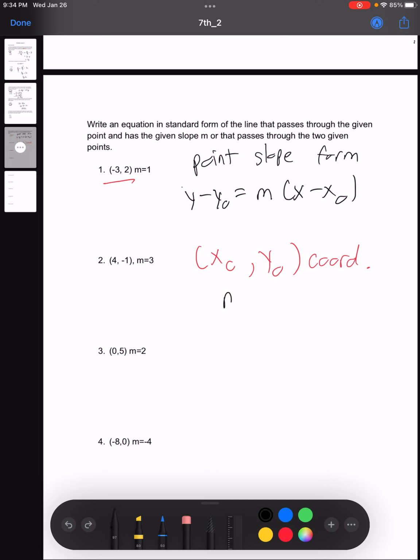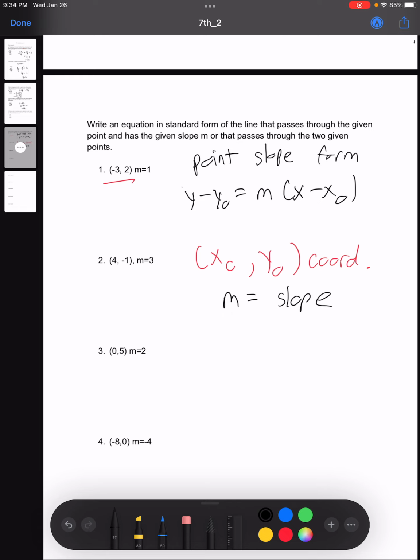And for m, that's just the slope. And we're even told what m equals. So using this information, we can plug it into this equation to get the equation of a line that both passes through a given point and has the defined slope.